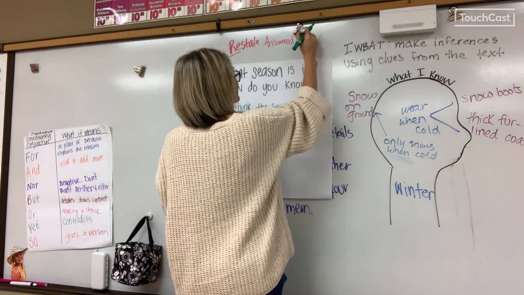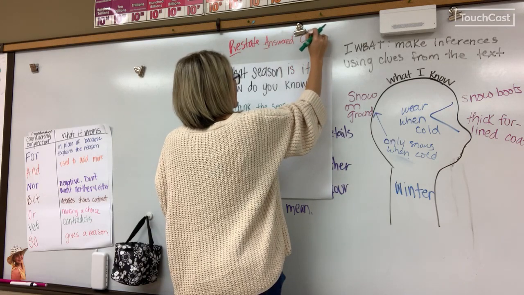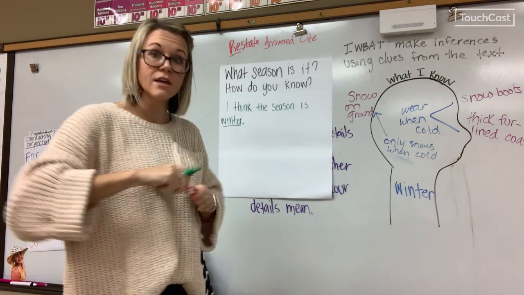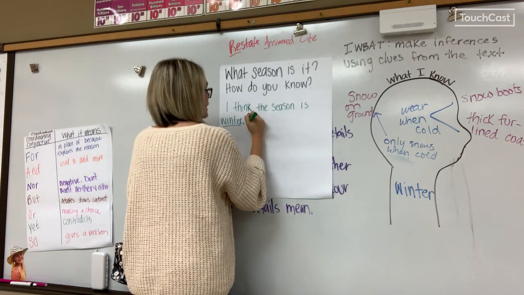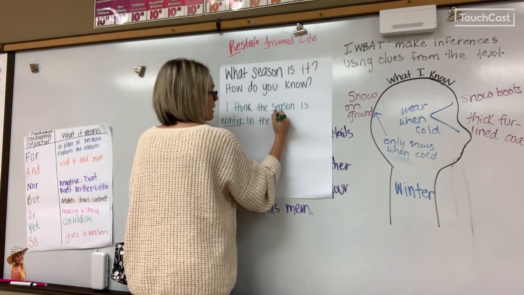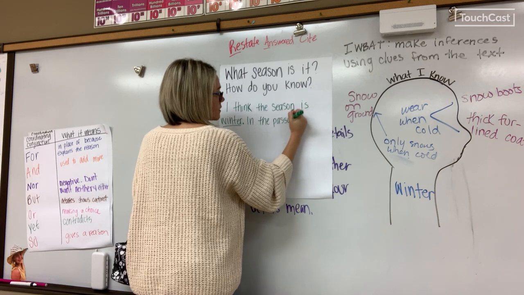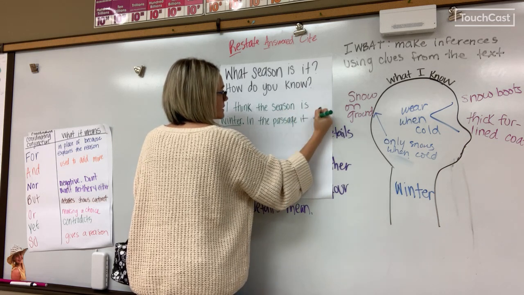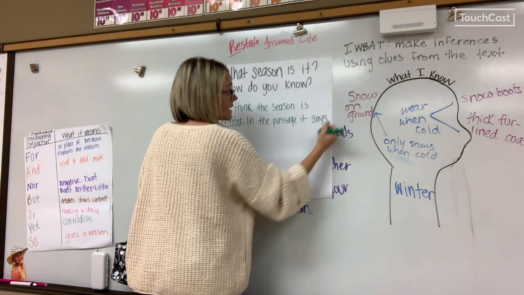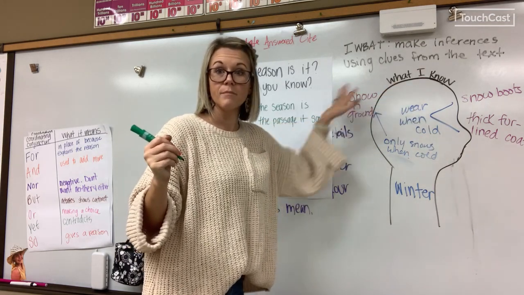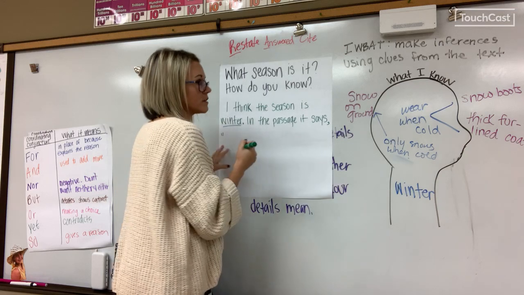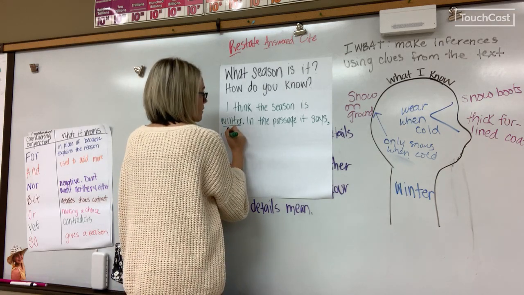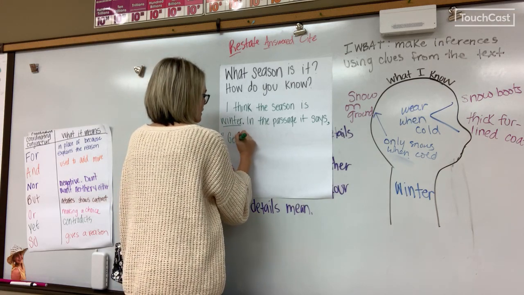Now I need to cite. I need to use evidence from the text, and I gotta use comma quote. So I'm gonna say, in the passage, it says, and I'm not gonna pull that passage up because I have my information here. It says, comma, quote, Jerry, I think his name was Jerry.